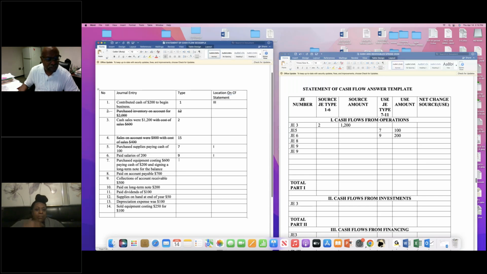We're buying equipment for $600. That's important. And that's a long-term asset. So the 600 part of it is a type 7. Long-term asset that's going to go in Part 2.